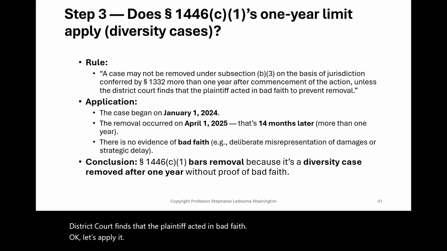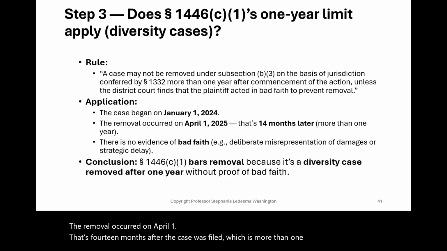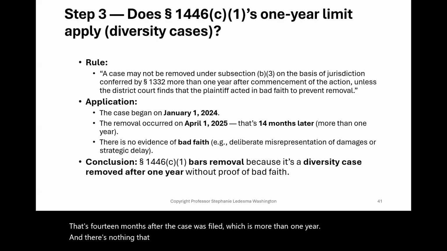This case began on January 1. The removal occurred on April 1. That's 14 months after the case was filed, which is more than 1 year. And there's nothing that we have that has established or that can establish by a preponderance of the evidence that the plaintiff acted in bad faith.